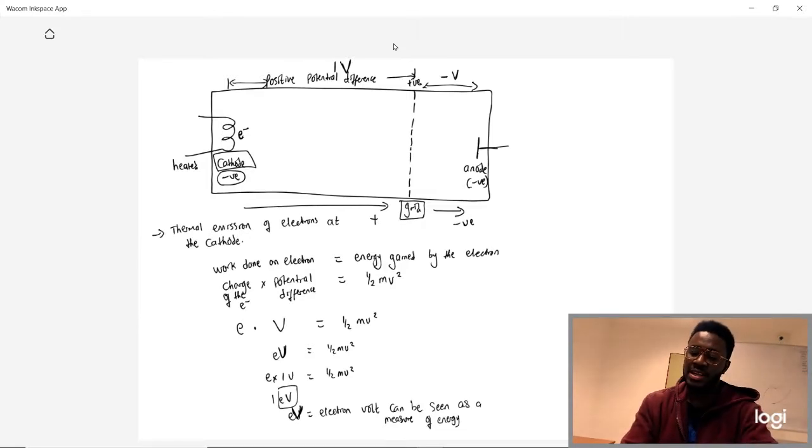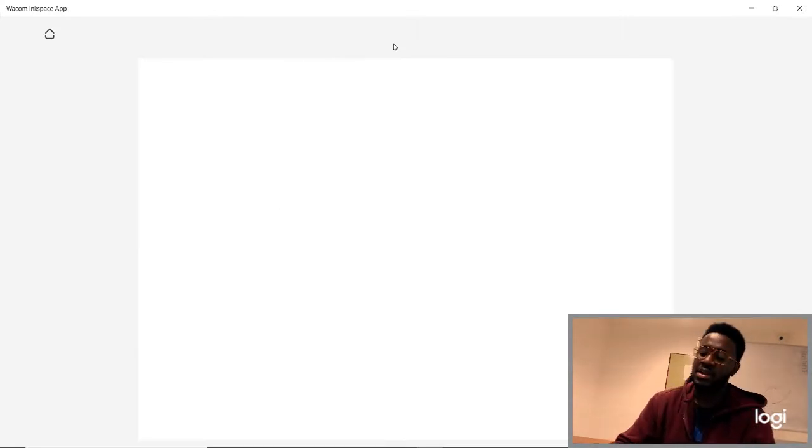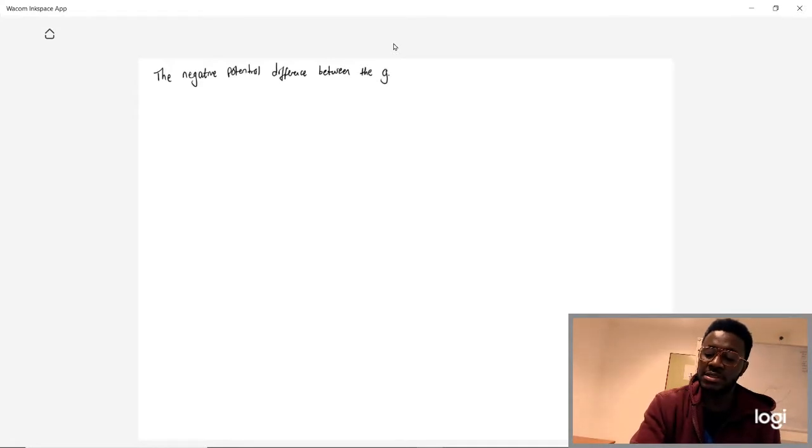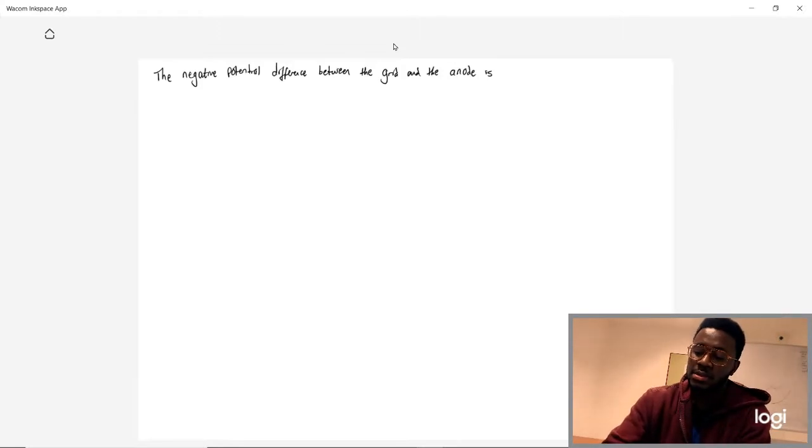Okay. Nice. Okay, so the negative potential difference between the grid and the anode decelerates the electron, right?